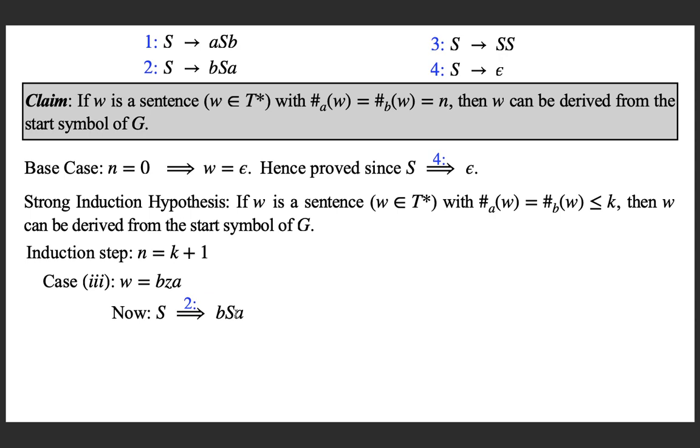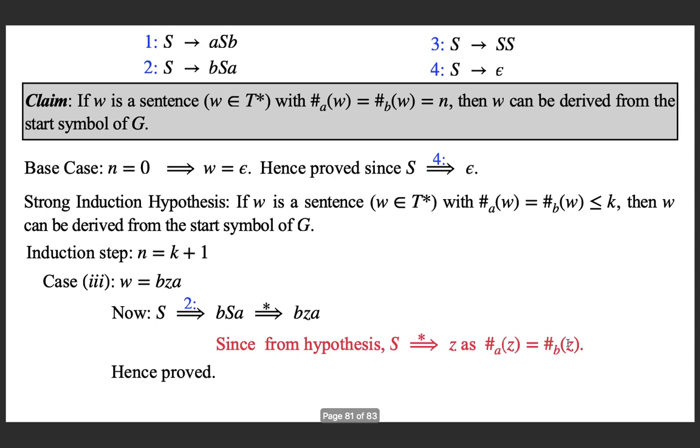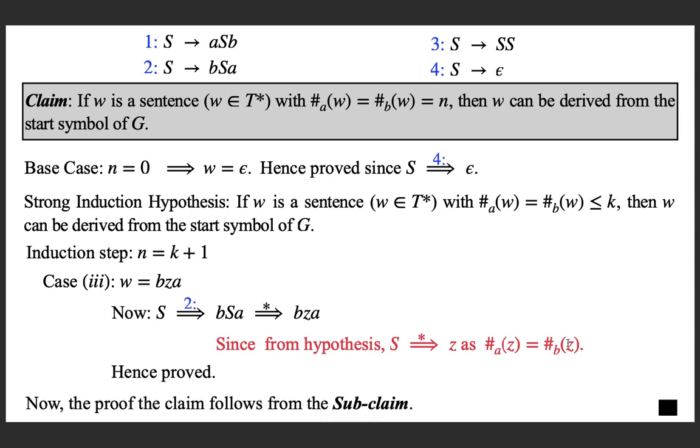Right now we have to derive Z from the variable S, which is always possible from the induction hypothesis, because Z must contain less than or equal to K number of A's, which is the same as the K number of B's. So we are done. Thus we proved the subclaim. We proved the claim because it follows from the subclaim.